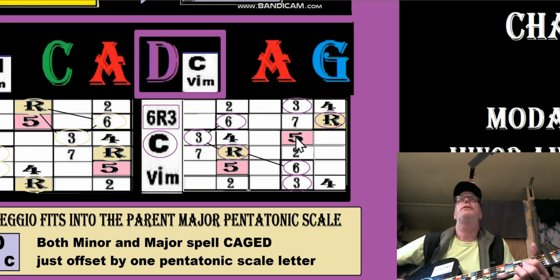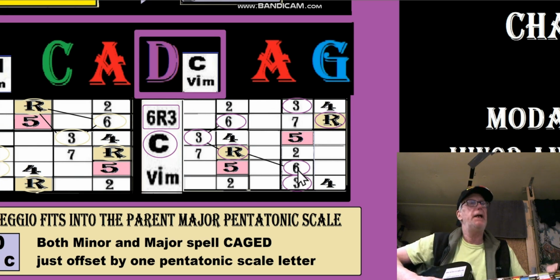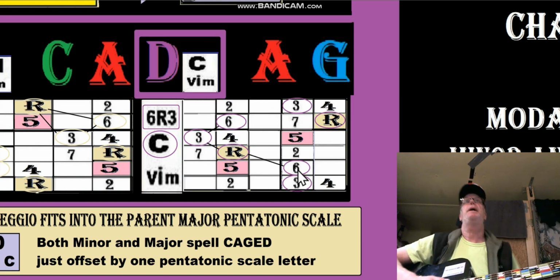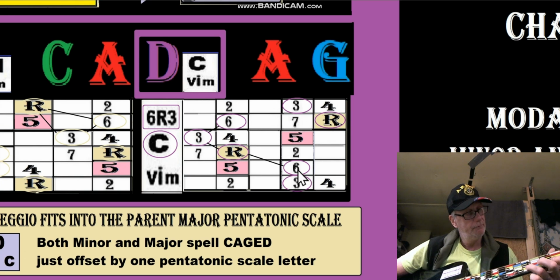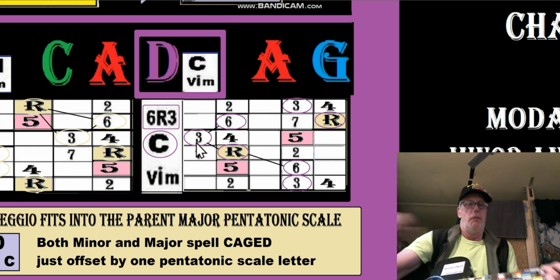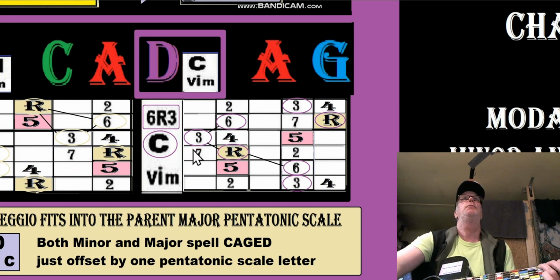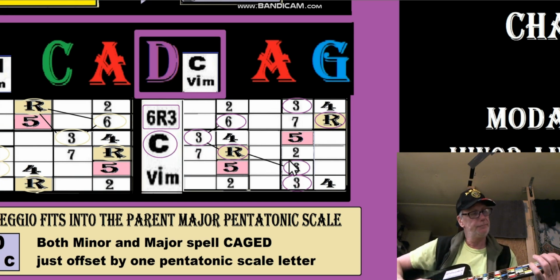Now the relative sixth of that is going to be 6R3, and here's the arpeggio. Let's first play the D-shaped pentatonic scale. And what the rule says is the relative sixth, in whatever shape it's in, is going to fit into that pentatonic scale.